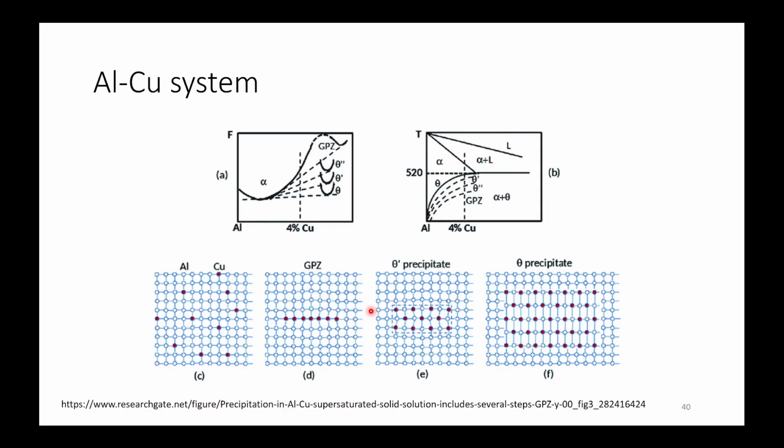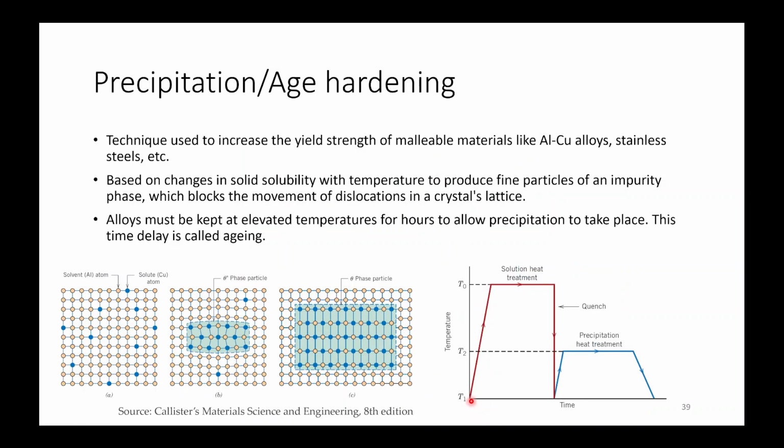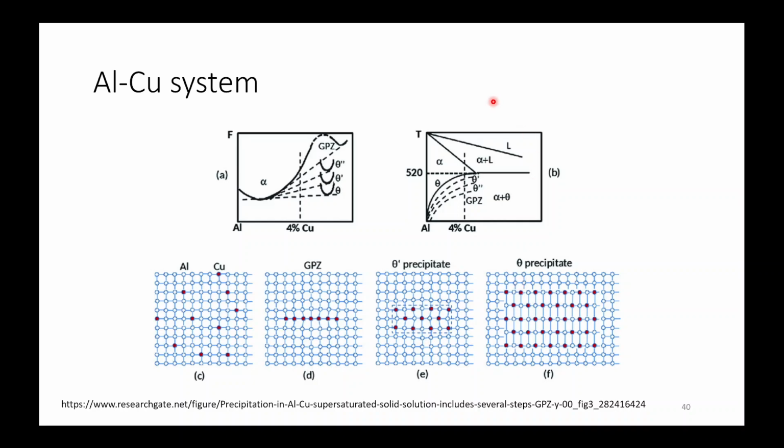Now in this case, this type of phase diagram is required. Here in this alpha region, it is a complete solid solution. We have to take our material initially through solution heat treatment. We'll be taking it in this temperature range and making it a single solid solution.